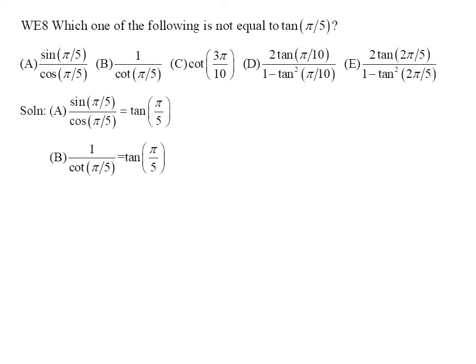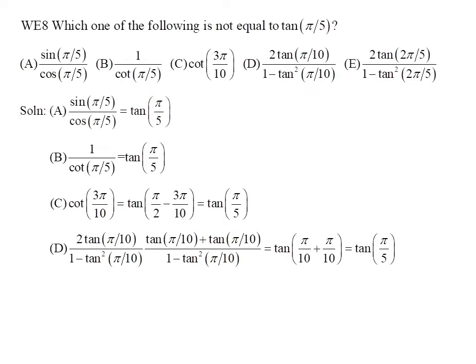As for expression B, the reciprocal of cotangent pi over 5 equals tangent pi over 5, according to the relation between tangent and cotangent functions. For expression C, since cotangent 3 pi over 10 equals tangent of pi over 2 minus 3 pi over 10, which equals tangent pi over 5.